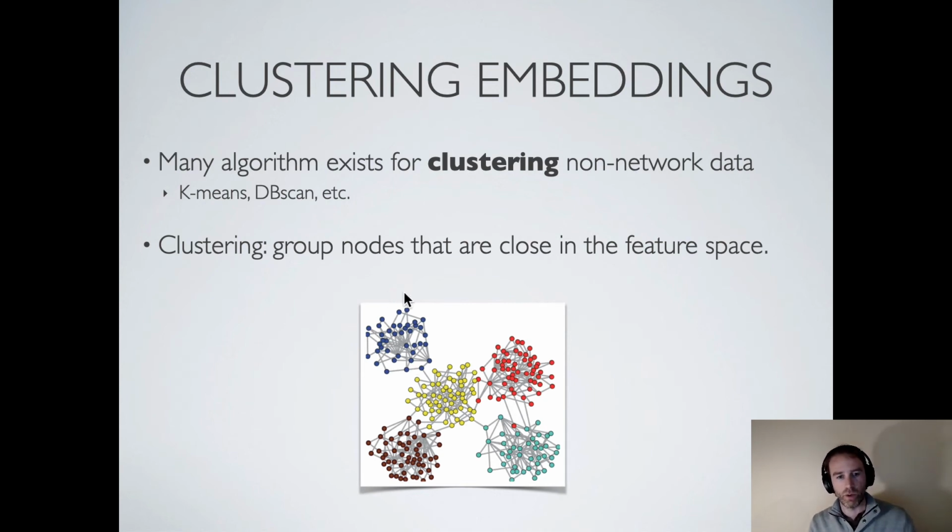And you see that all the blue nodes are close to each other, and they are far from nodes in the other groups. So if this is a 2-dimensional space and I apply an algorithm for clustering normal data, not graphs, like k-means or DBSCAN, so these are algorithms for clustering of normal data, and I apply it on this data in which I have just dots in a 2-dimensional space, then you see that I will detect the blue one as a cluster, the brown as a cluster, and so on and so forth.